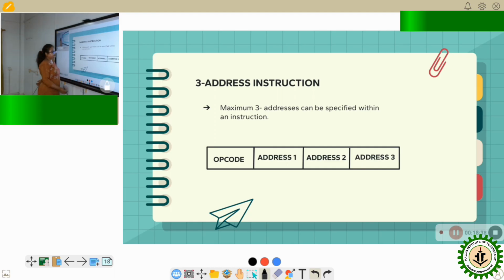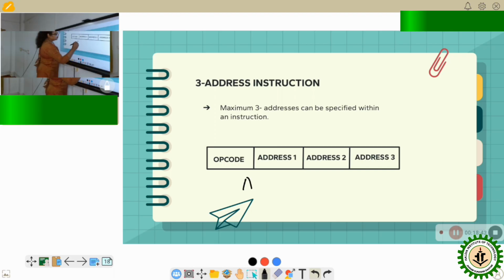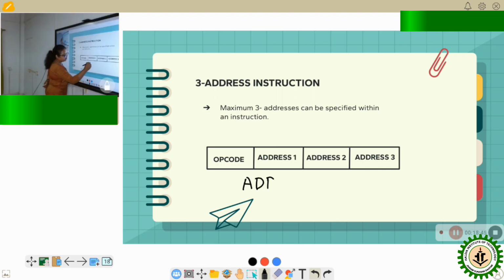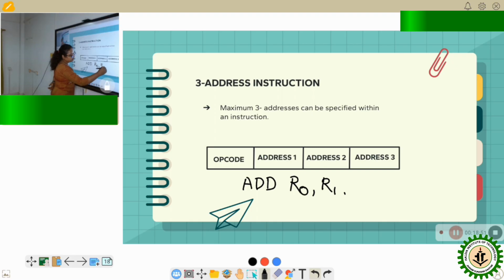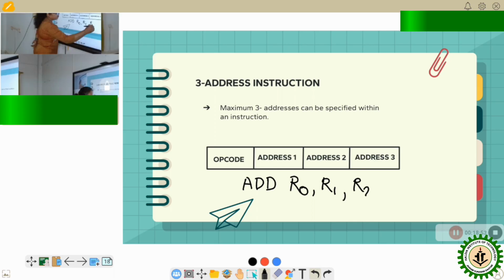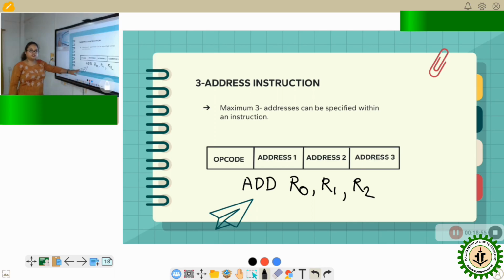For an example, R0, R1, R2. So these are the 3 registers and 3 addresses. For address 1, R0, address 2, R1, address 3, R2.